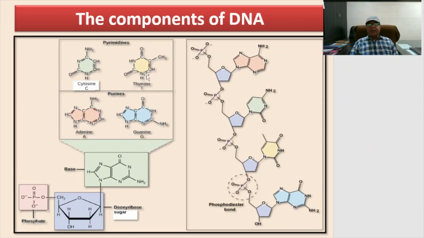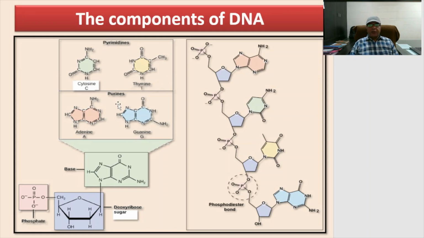DNA is made up of nucleotides. It is a polymer of nucleotides. The nucleotide structure is made up of three major components: the nitrogenous base, the pentose sugar, and the phosphate group. Nitrogenous bases are of two types.